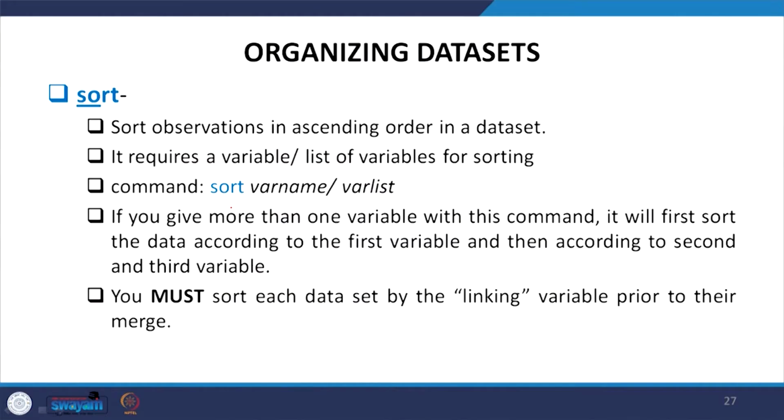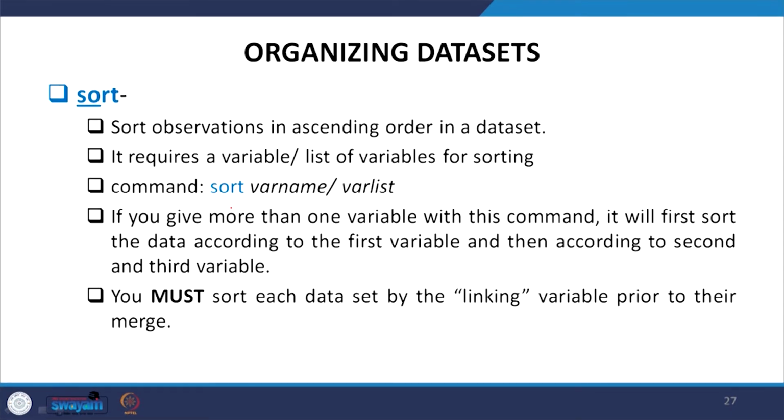Now, organizing the data set is another important aspect of understanding data, especially a large data set. The sort command is going to help you a lot. Sorting of information, likewise in Microsoft Excel, okay, we used to sort the variable.